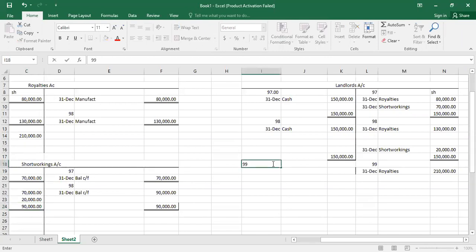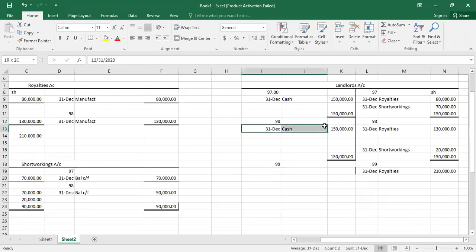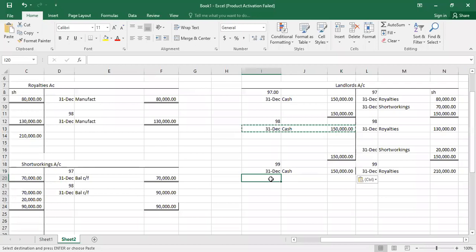Yes, we have to pay the rent of that year first. We need to pay the rent first. Yeah, it's okay. We can start with the rent or recouping the short workings. Yeah, we paid the rent.